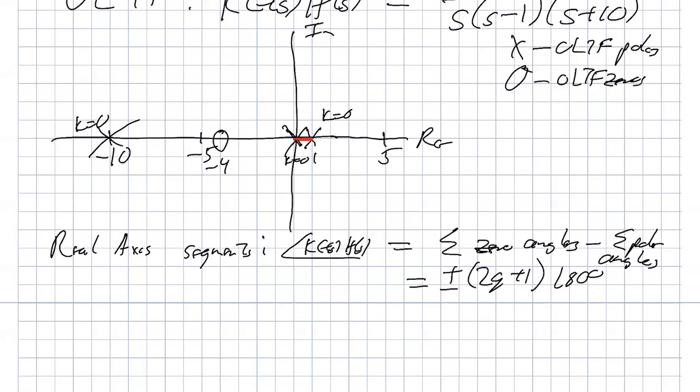So anything in between here is also on the real locus. And then finally, if you get out here, we have an additional angle from this pole, and we're back to pointing at 0 or 360 degrees. So nothing out here.